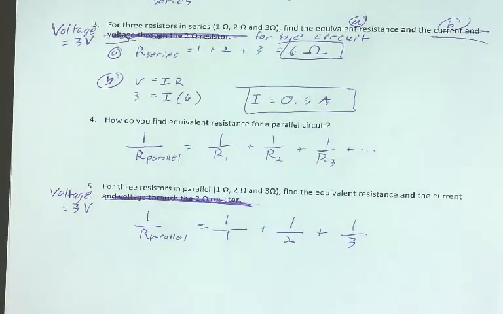Now, there are 2 ways to solve. You can solve it using fractions. You can solve it using decimals. I strongly encourage you to solve it with fractions. It's easier. Unless you just hate fractions with every single fiber of your being. If you just hate fractions, you refuse to do them, you would rather chop off a finger than do fractions ever again, then do decimals.